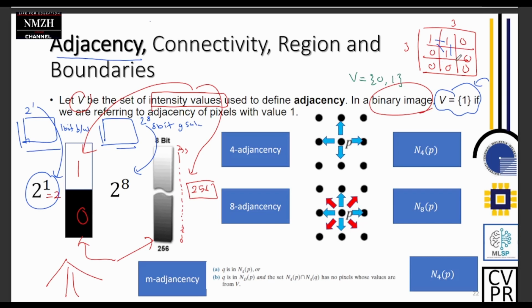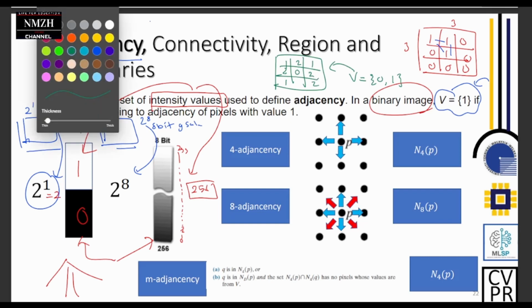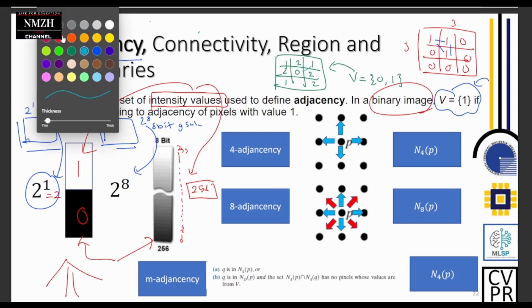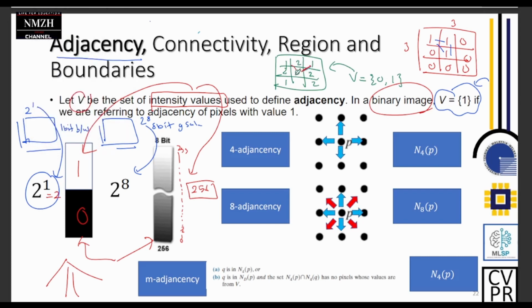If we are going to solve a given set, let's say 0, 1, 1, 2, 2, 1, 2, here we can say the adjacency for this example is this, that, and this.